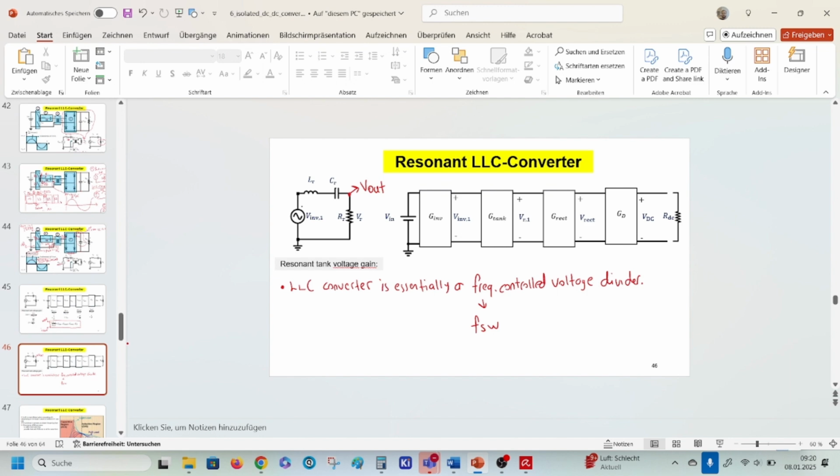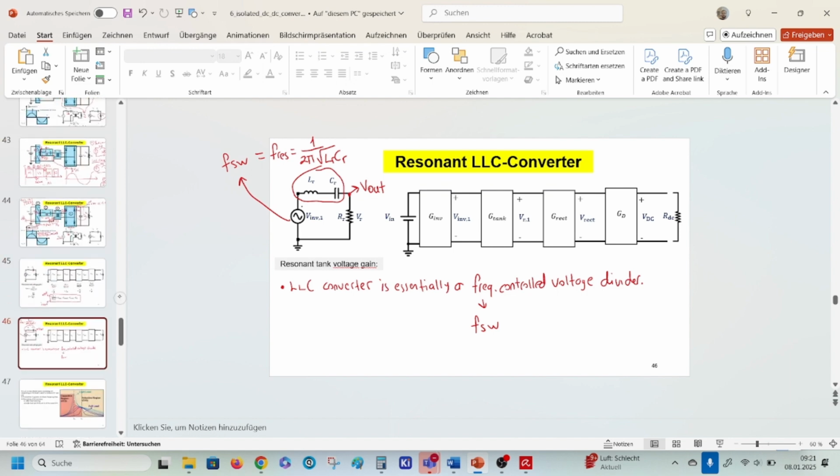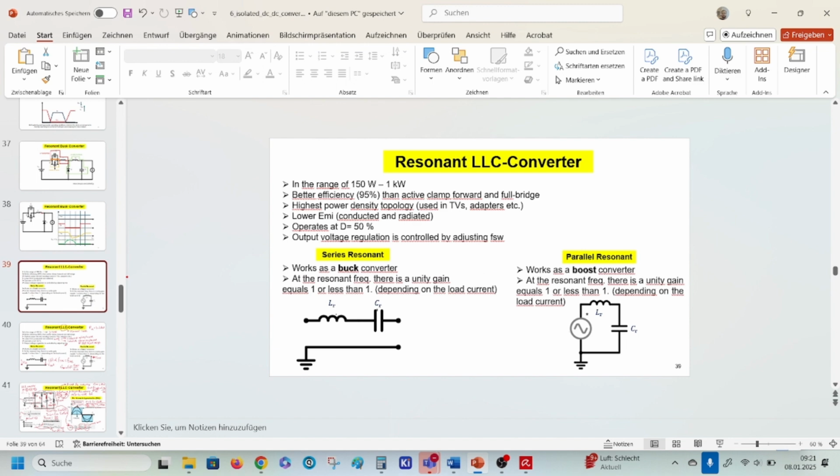What happens if the resonance frequency of this tank, 2 pi times L resonance times C resonance, and if our switching frequency that is used, likewise in our sine wave, is equal to resonance frequency, that means switching frequency is equal to, excuse me, don't write it here.